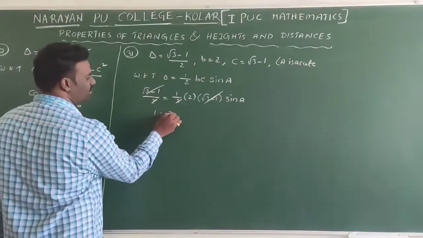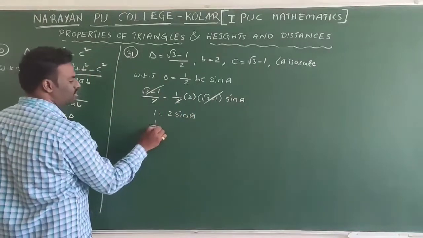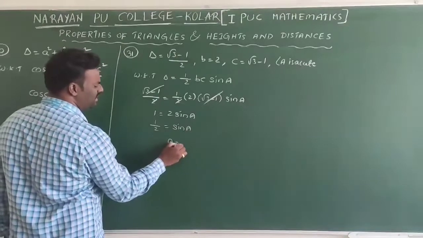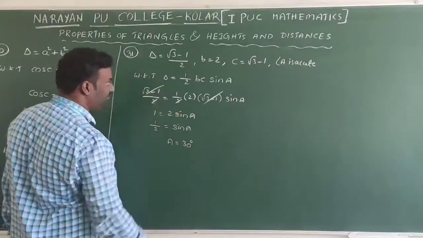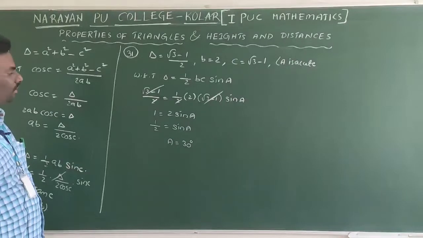Now 1 is equal to 2 sin A. From this, 1 by 2 is equal to sin A, so A is 30 degrees or pi by 6. But here we don't want A, we need to find the angle C.